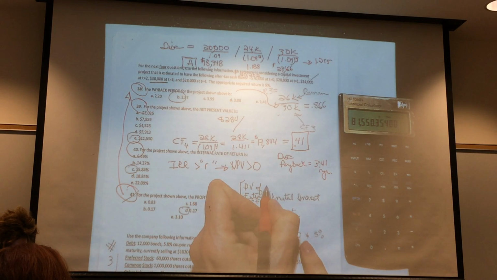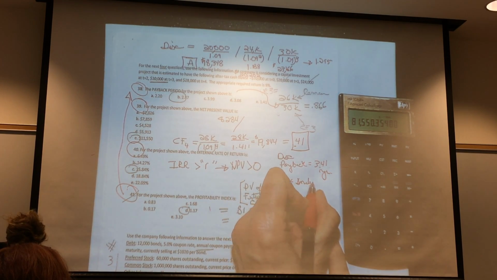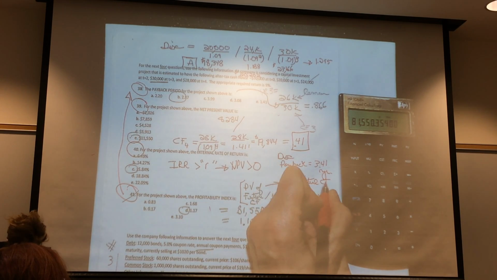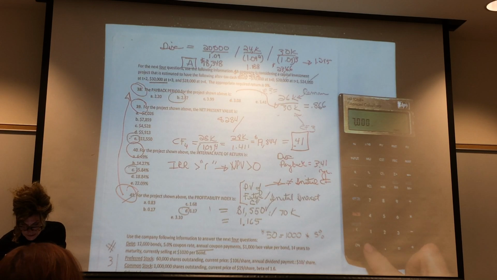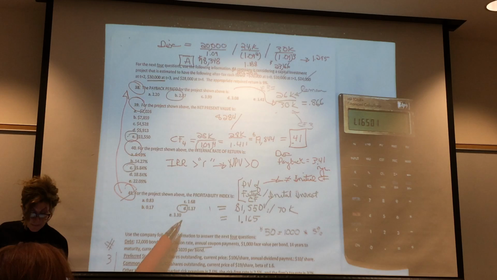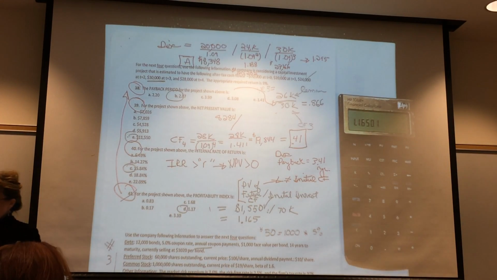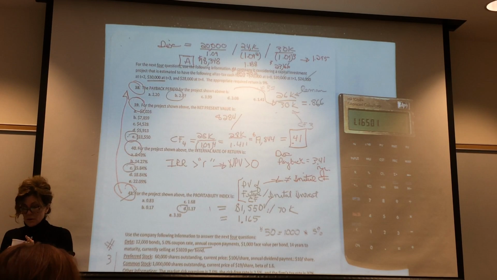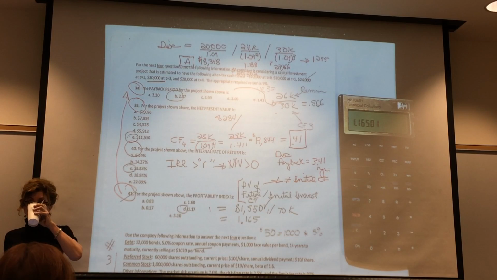Remember, I didn't use my initial cash flow. Divide that by my initial investment of $70,000. My profitability index is 1.17. Am I going to do the project? Yes. Why? Because it's greater than 1. It's another way of looking at NPV.